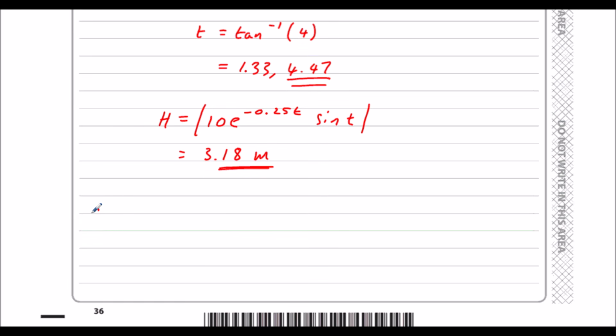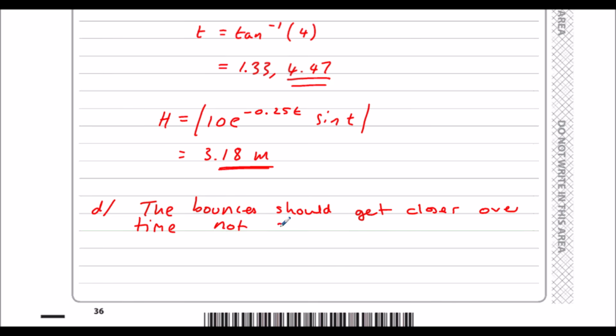So we can say the bounces should get closer over time, not stay the same. Or the time between the bounces should get closer over time, not stay the same.